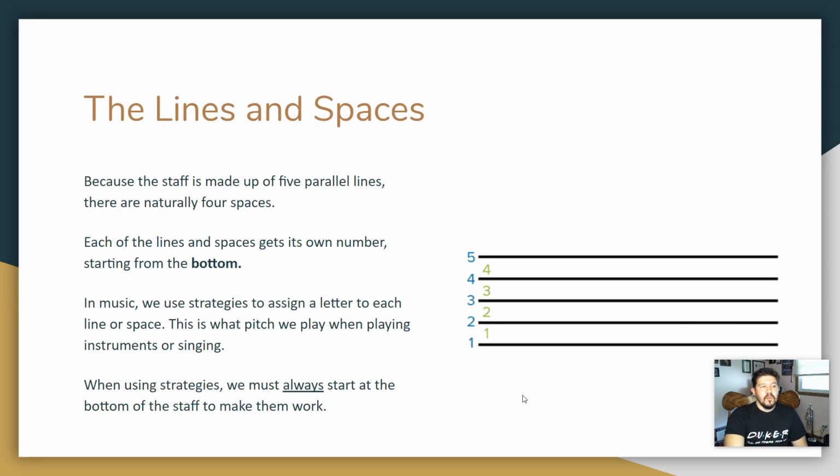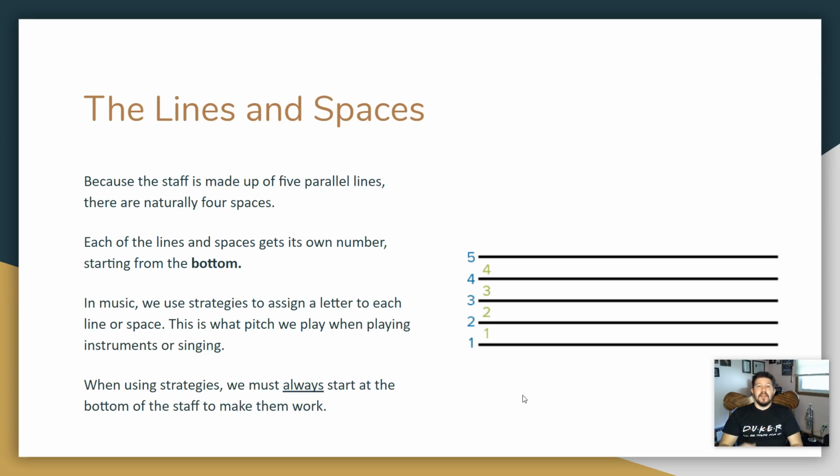So moving on here, we're going to take a look at the lines and spaces. Like I said earlier, because it is made up of 5 parallel lines, there are naturally 4 spaces created between each of those lines. Each of the lines and spaces gets its own number, but we have to start at the bottom. Now, this is real important because just about every musician is going to use the same 5 numbers in the same place.